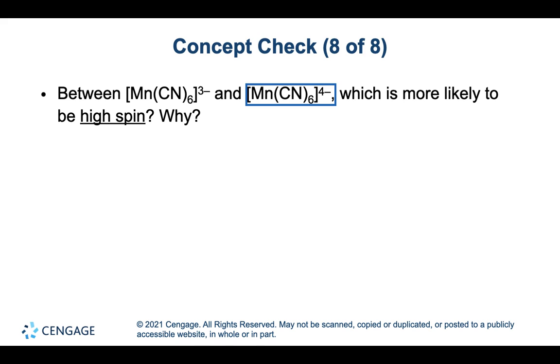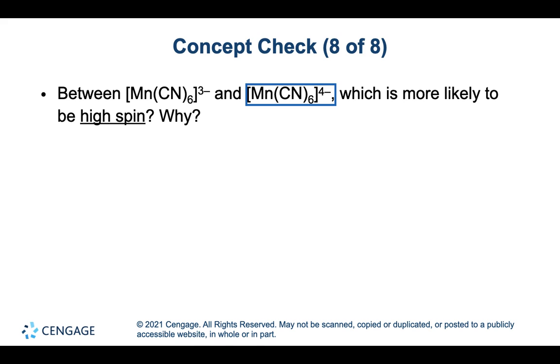Mn(CN)6 3 minus, Mn(CN)6 4 minus, which is more likely to be high spin? Okay, so manganese plus 3 would be a 3d4, and then 4 minus would be manganese plus 2, which would be a 3d5.